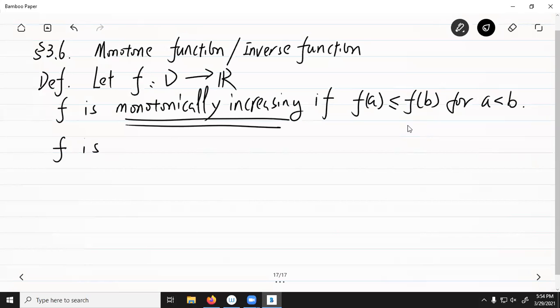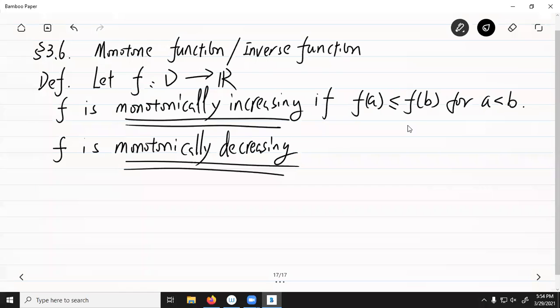We say f is monotonically decreasing if f of A is greater than or equal to f of B for A less than B.